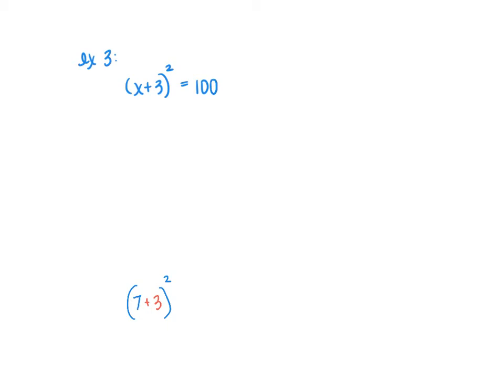So you may be able to come up with some solutions just by looking at the problem, but I want to show you how we would solve it mathematically. So is the squared quantity by itself? It is. It's a binomial, but it's still that squared quantity by itself. So we can go ahead and take the square root of both sides.